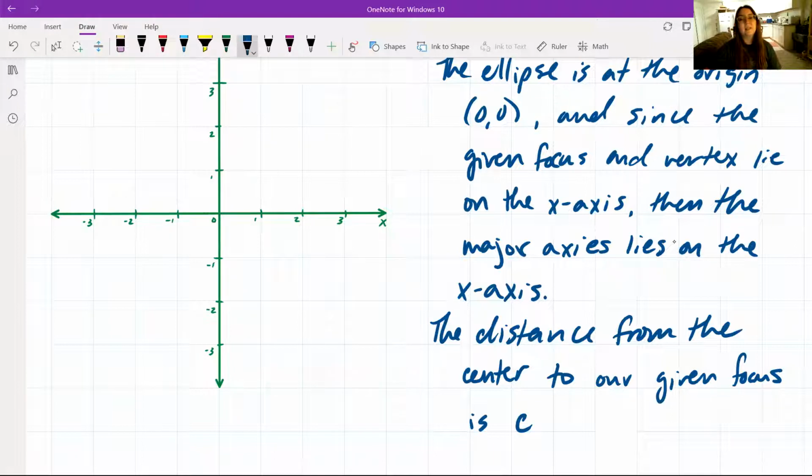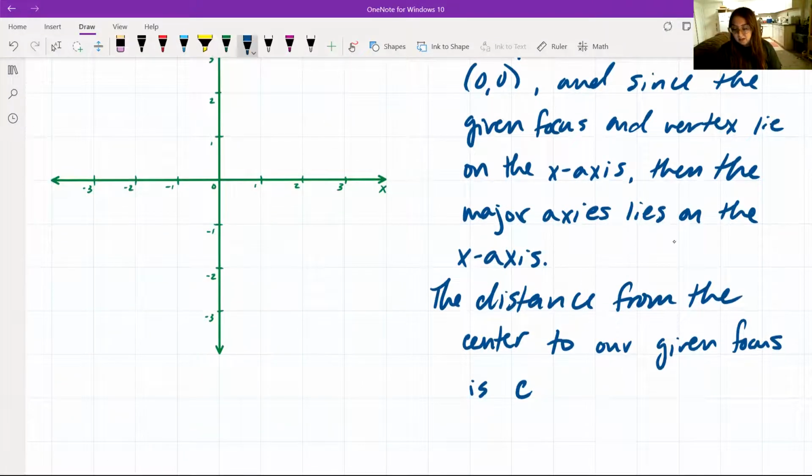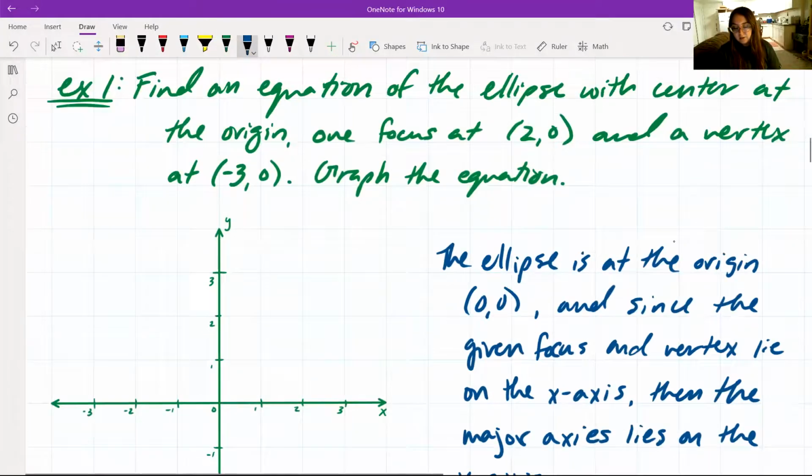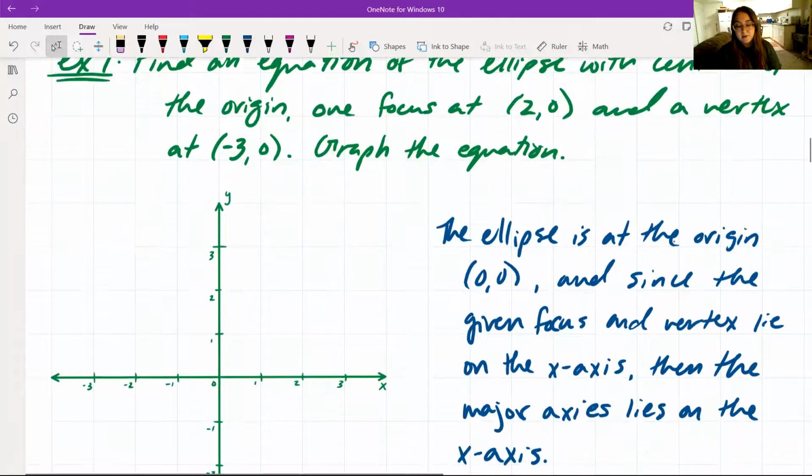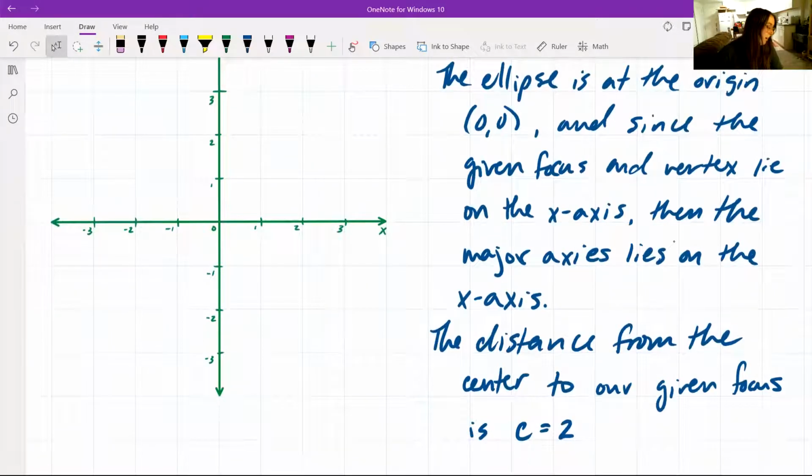And remember, c is the distance between your center and just one focus. So it's not the distance between your two foci, but just center to focus. c is equal to 2, since we're given that one focus is at 2, 0, and we know our center is at 0, 0. So c is equal to 2.